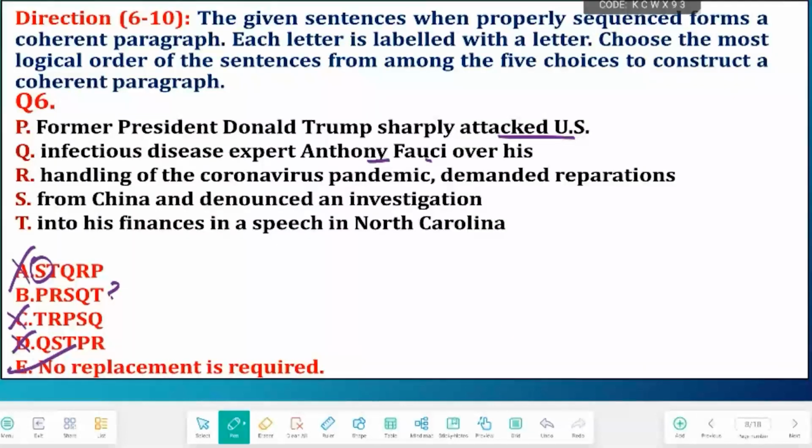Over his handling of the coronavirus pandemic, and demanded reparations from China and denounced an investigation into his finances in a speech in North Carolina. So the statements are already arranged in the correct sequence. We need not change the sequence of these sentences. That's why the correct answer will be E for England. That is, no replacement is required. I hope you have got this question right. Let's move on to the next one.